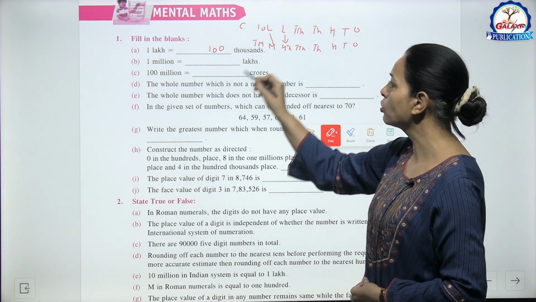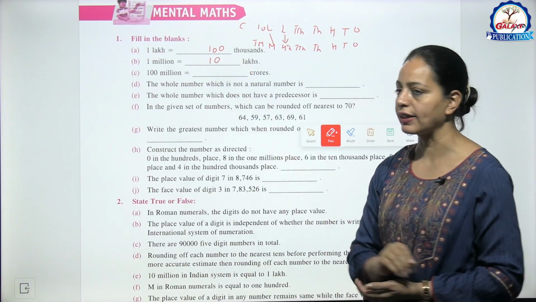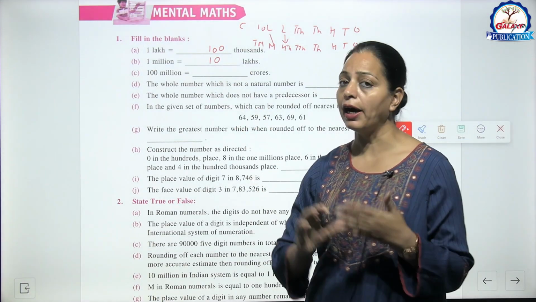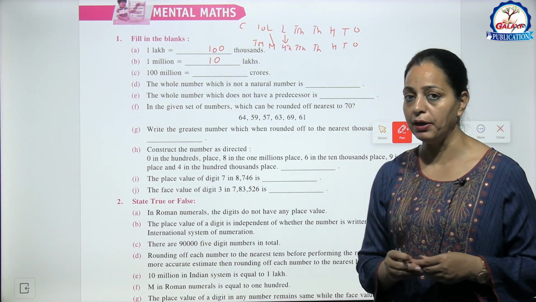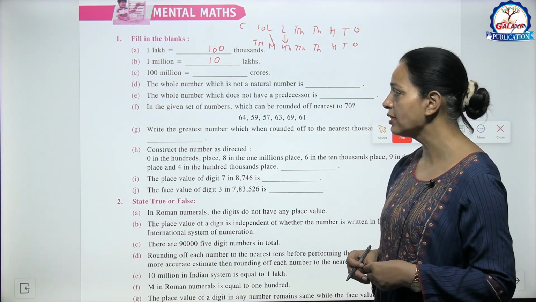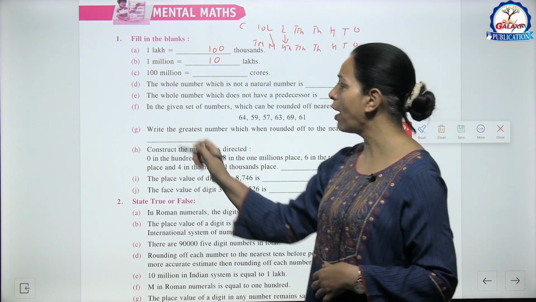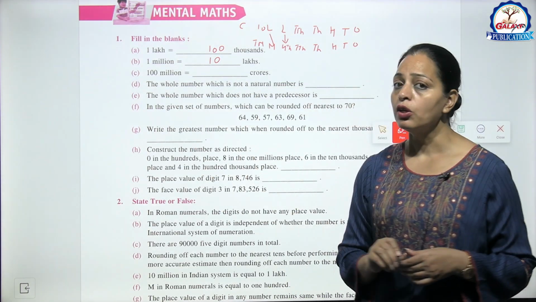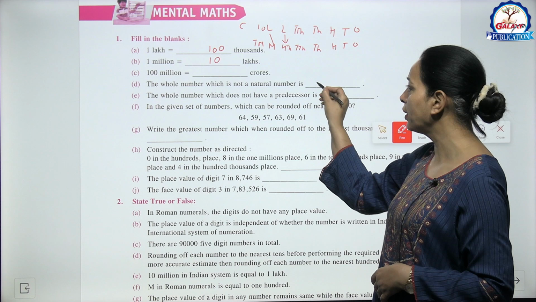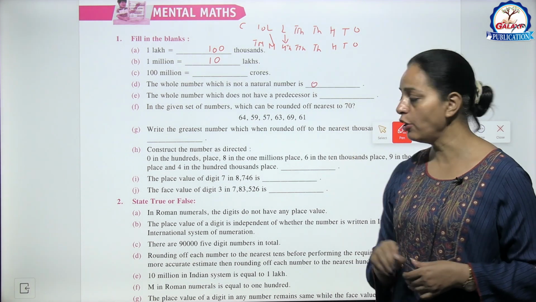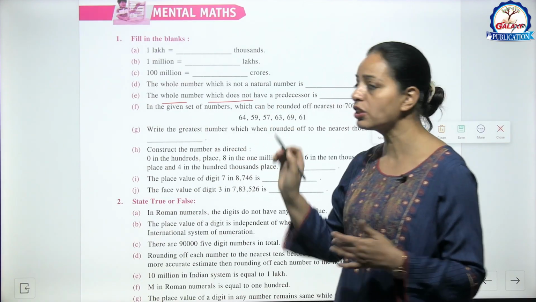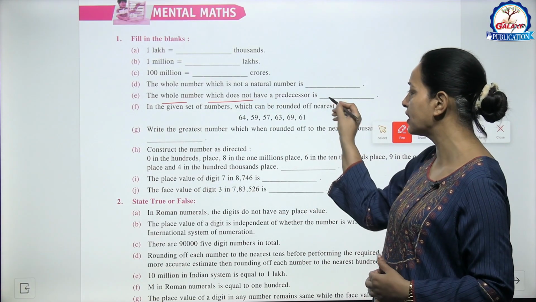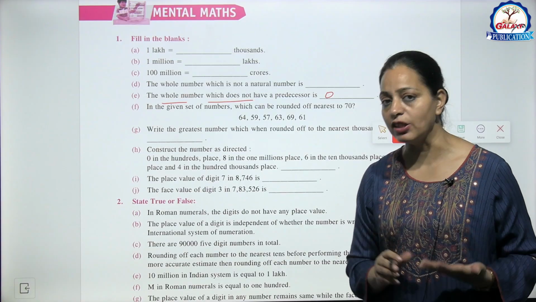Okay, like 1 million equals to how many lakh? 1 million equals to 10 lakhs, right? And C part, 100 million equals to how many crores? So similarly, you can compare it. Okay, you will get the answer. Like here now D part, the whole number which is not a natural number is, that is 0, right? Now E part, the whole number which does not have a predecessor is, that is 0 only.